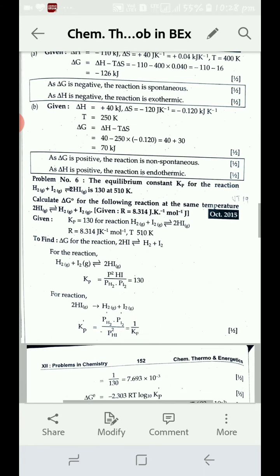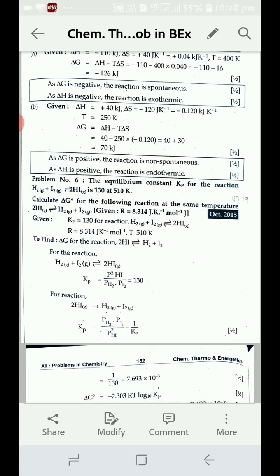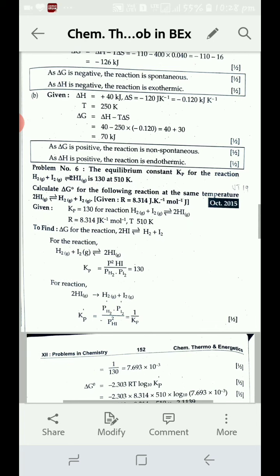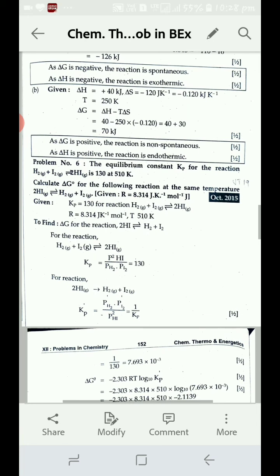Then the delta G0 formula is minus 2.303 RT log of Kp dash to the base 10. So substituting the Kp dash value, R and T, what do we get? Don't write the antilog, only write down the log of Kp dash.